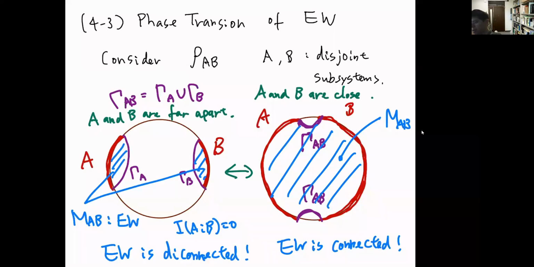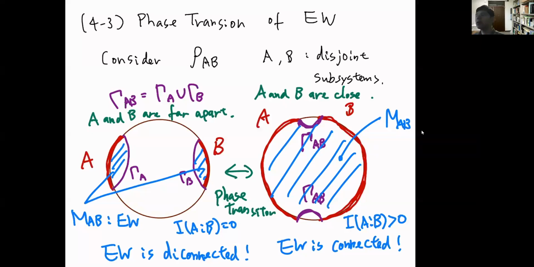So depending on the distance between A and B or the size of A and B, you have a phase transition. The mutual information is 0 for the disconnected phase, and in the connected phase the mutual information is positive. So the entanglement wedge is sometimes connected, sometimes disconnected. This kind of phase transition plays a very important role.